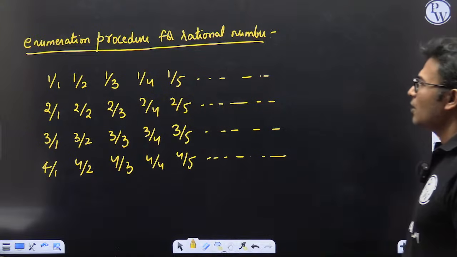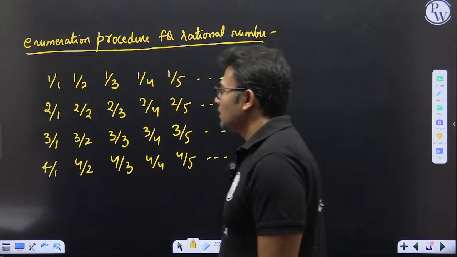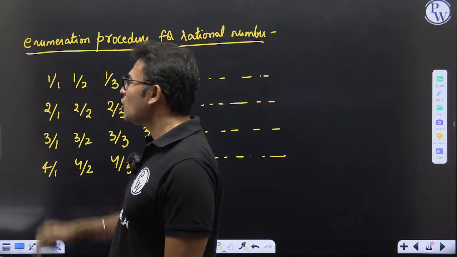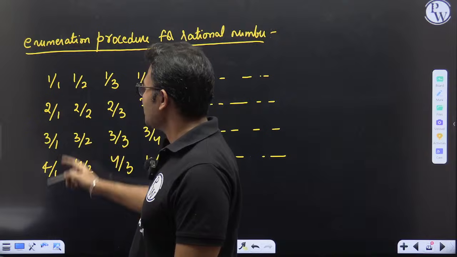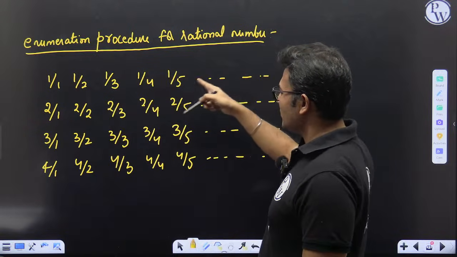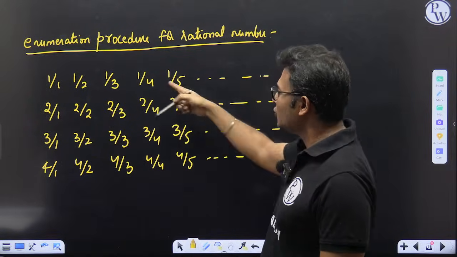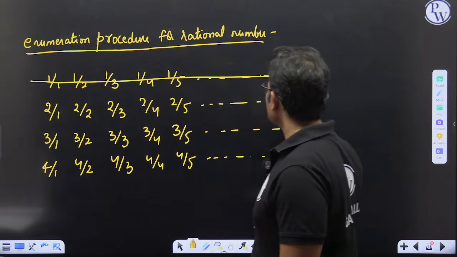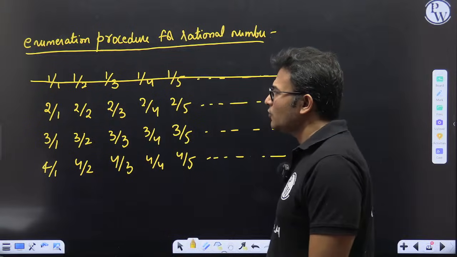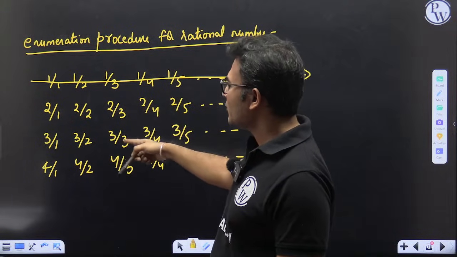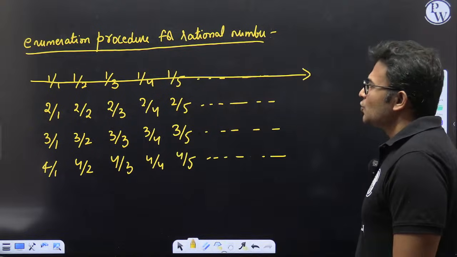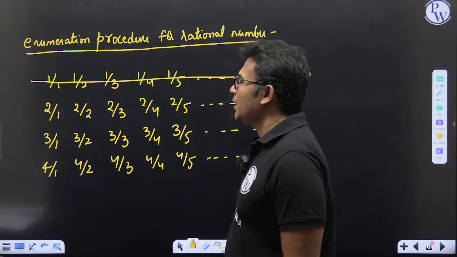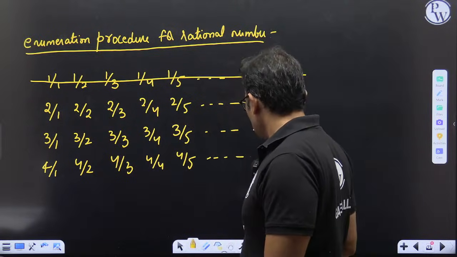Now, what could be the enumeration procedure? Let us say I take every number and add +1 to the denominator. Then you will generate 1 by 1, 1 by 2, 1 by 3, and so on, but you will never go to 2 by 1, 2 by 2, 2 by 3, right? So in this method, you are not going to generate these numbers.